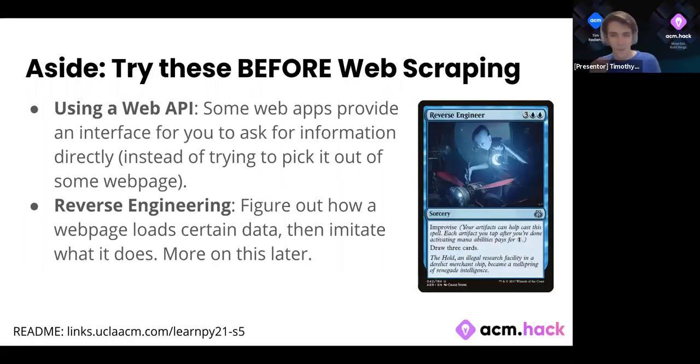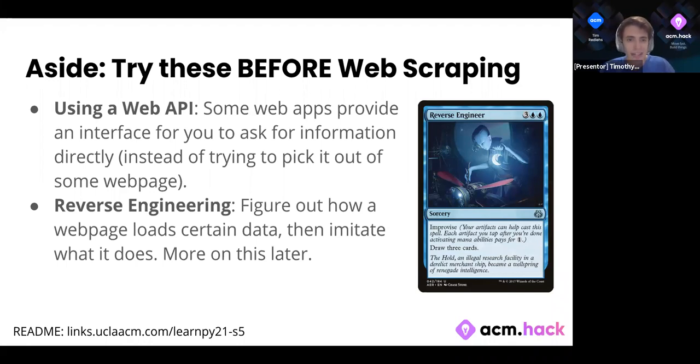Okay, a really quick aside. I did mention reverse engineering at the beginning, but these 2 bullets are things that you might be able to try before web scraping. Web scraping is a really versatile tool, but sometimes it's not the most efficient. If there's a web API that a website provides, and it gives you exactly the data you need already in a nice format, you might want to try using that first.